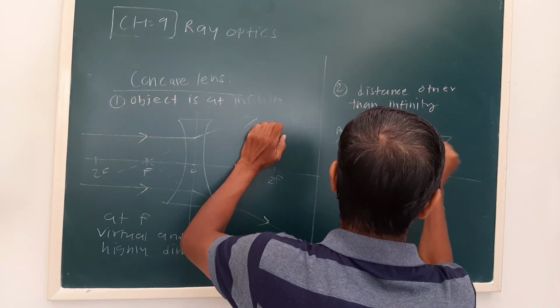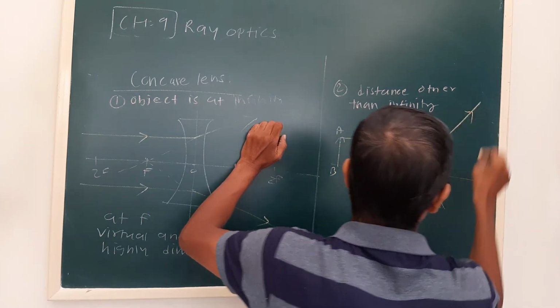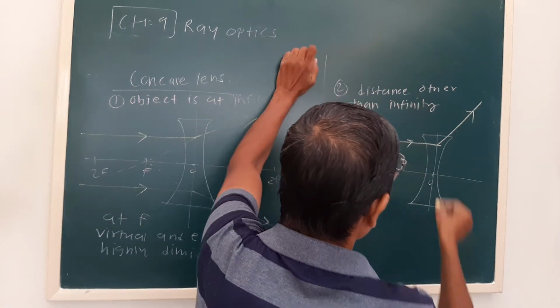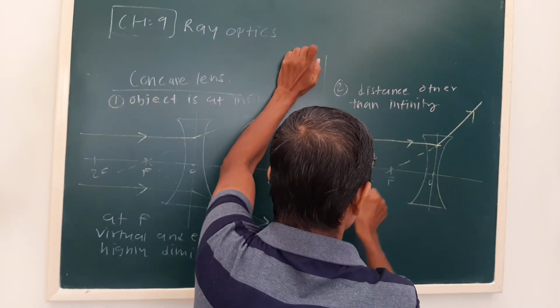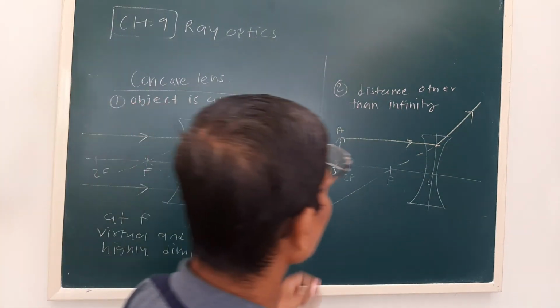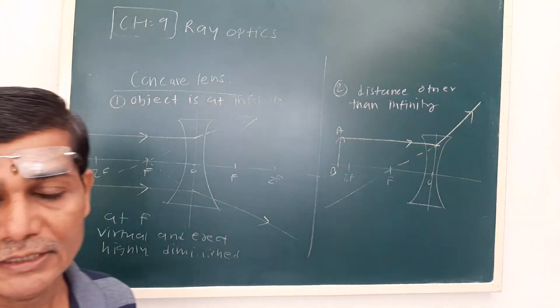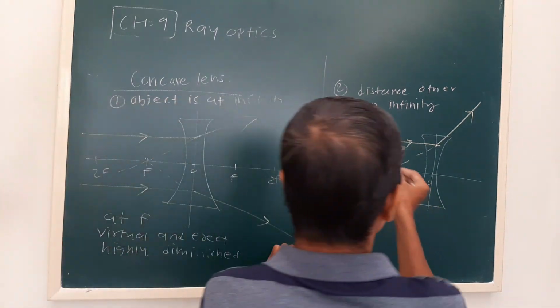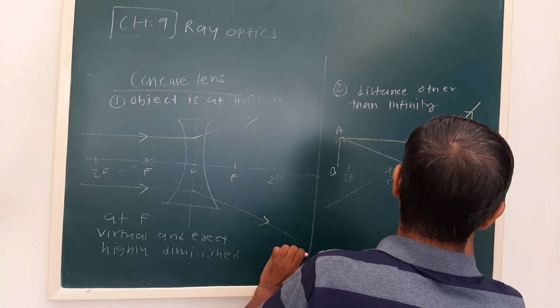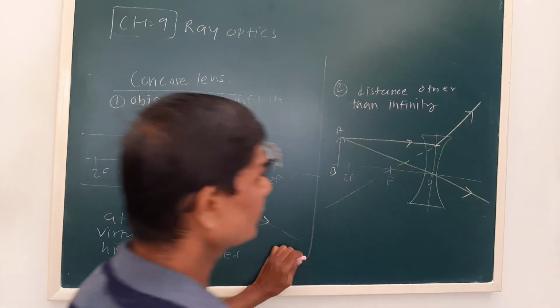First, the ray parallel to the principal axis. It is a diverging lens, so it will be diverted, but we produce it back to pass through F. And see the convention we have seen: when the incident ray passes through the optical center of the lens, it moves undeviated, or the direction will not change. Now these are two rays.